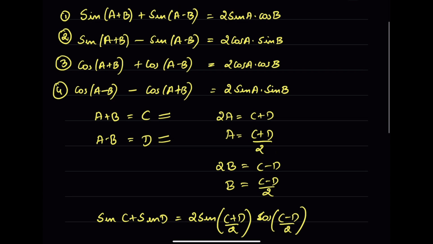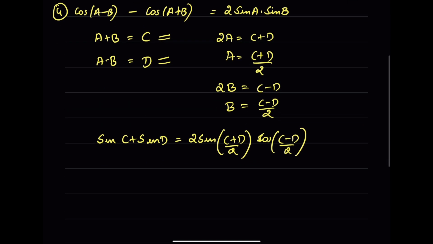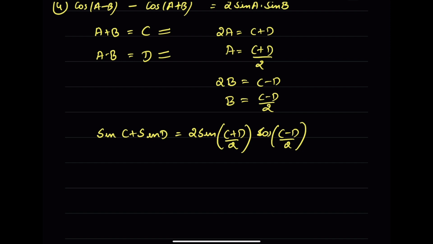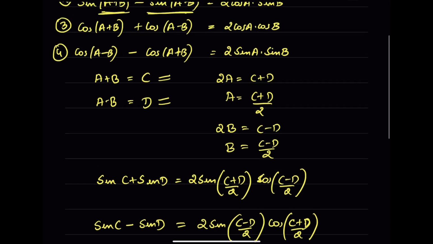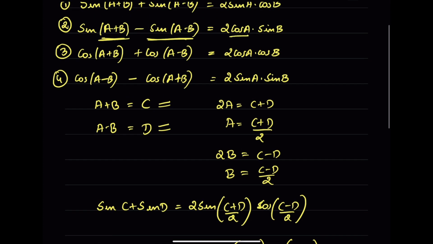Now the second formula is sine of a plus b minus sine of a minus b. So this will change to sine c minus sine d is equal to 2 times sine of (c minus d) by 2 times cos of (c plus d) by 2. Correct? Because it is 2 times cos a sine b.